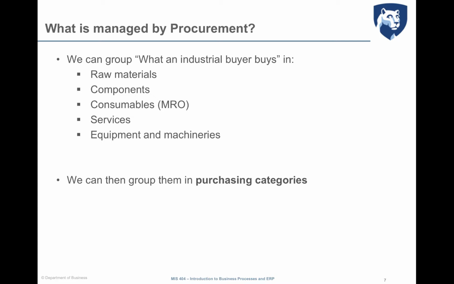In particular, we can distinguish essentially five purchasing categories, which can be typical of an industrial company: raw materials, components, consumables, services, and equipment and machinery. As I told you, these are the main purchasing categories, or sourcing categories, that can characterize an industrial company.